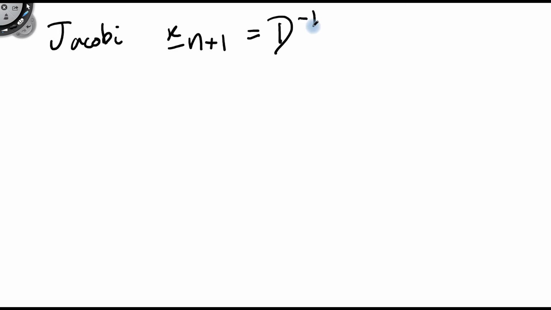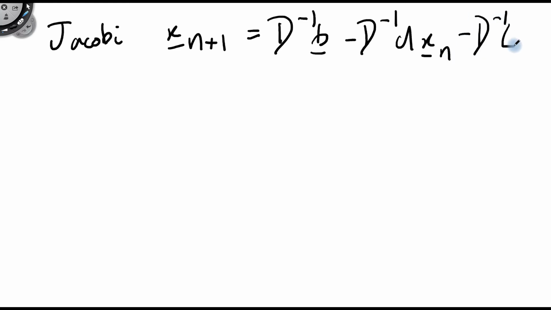So Jacobi is x of n plus 1, and basically we're going to expand that previous expression, just expand the brackets. So you have D inverse b minus D inverse U x of n minus D inverse L x of n.